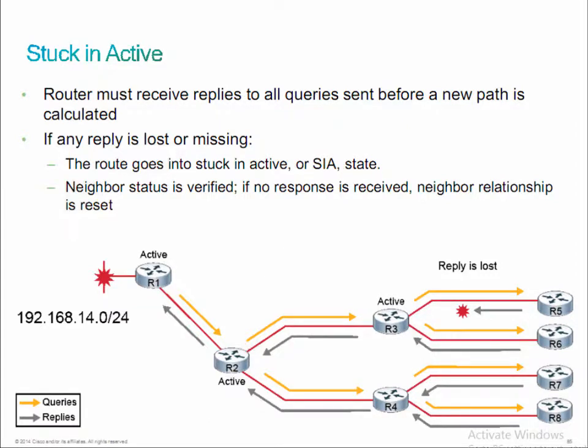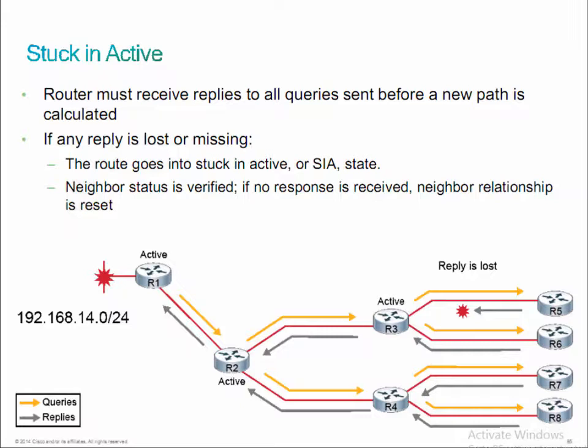You can see where that could definitely be a big problem, right? What would cause a reply to get lost? It could be congestion on the link. Maybe R5 is too busy to respond or whatever. Again, we're talking about a very specific scenario where that would have to happen, but nonetheless, it is a scenario.